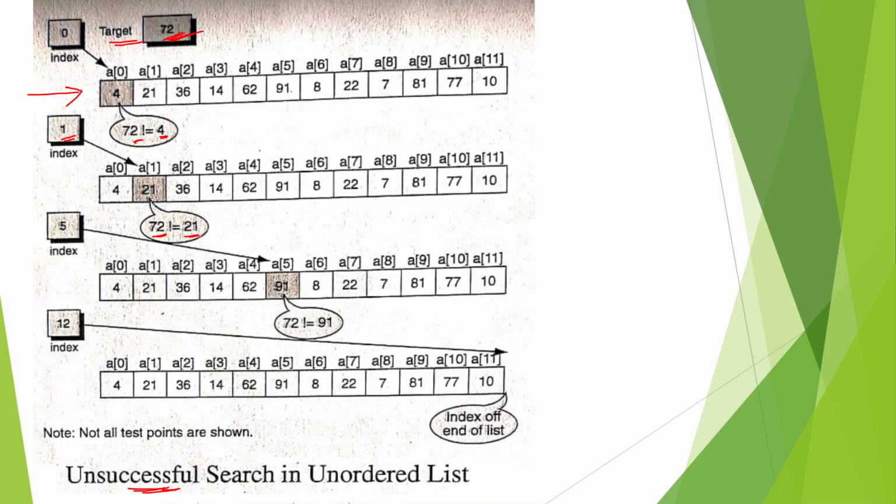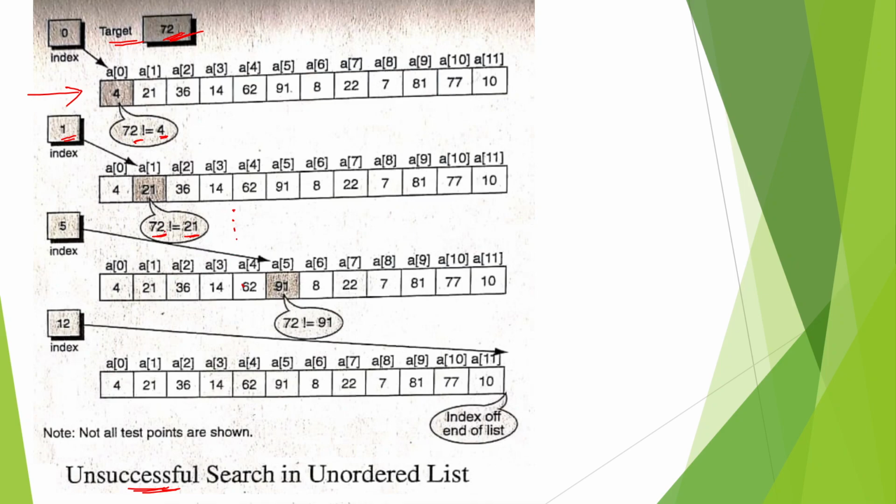One more time, increment the index, check with 36, check with 14, check with 62. All that I have not shown; it is one more random case. This algorithm will not jump like this, I just need to put these dots over here. It is just the continuation.